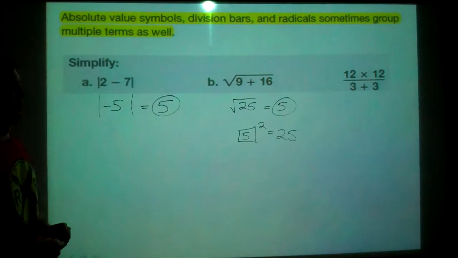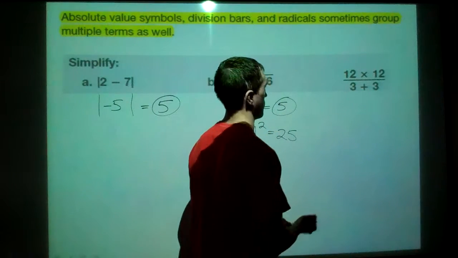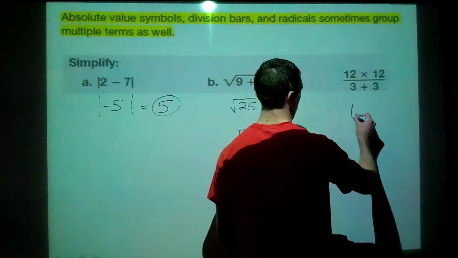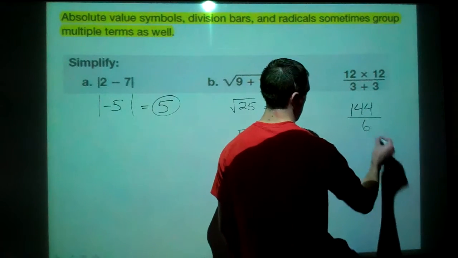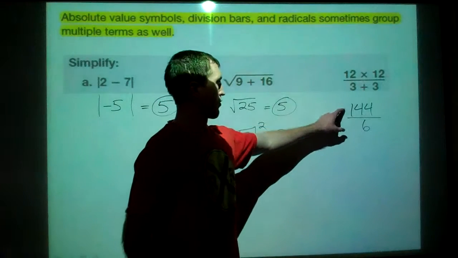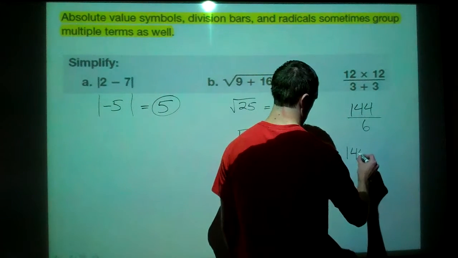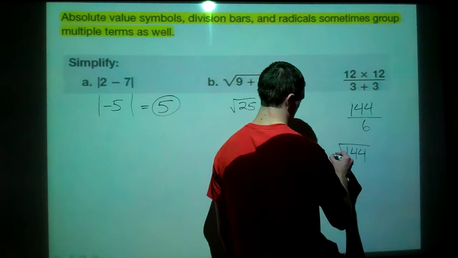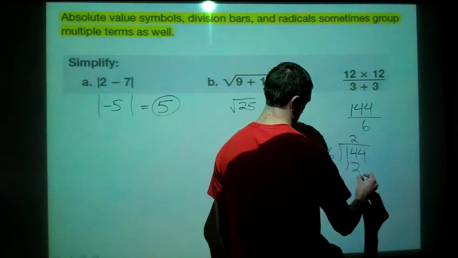And our last one, we have a division bar. But first we want to multiply on top. So 12 times 12 is 144. 3 plus 3 is 6. And then we're going to do 144 divided by 6. 6 goes into 14 twice, 12.